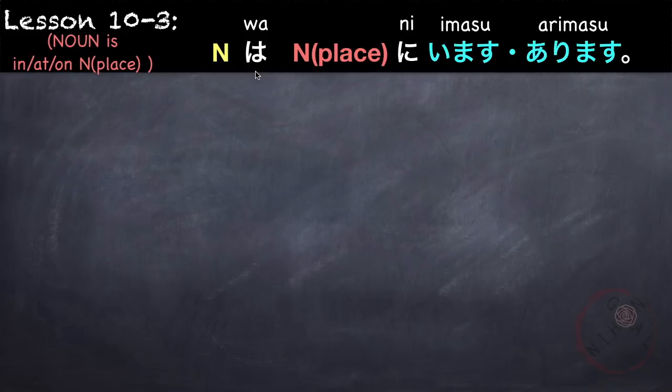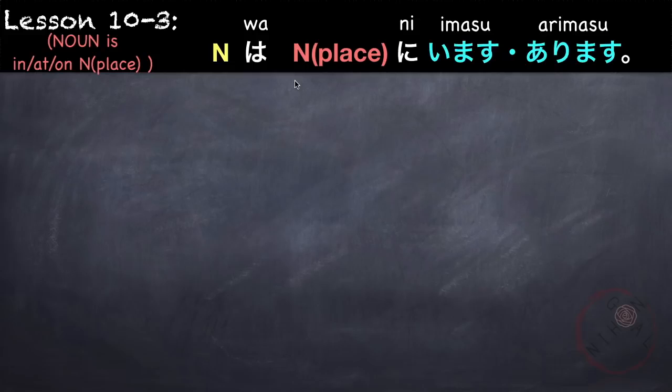Notice that in this pattern, the particle becomes wa. The noun is the topic, or is something that both the speaker and the listener know about. So noun wa followed by our predicate, which is place ni imasu or arimasu, which explains the location of our topic.